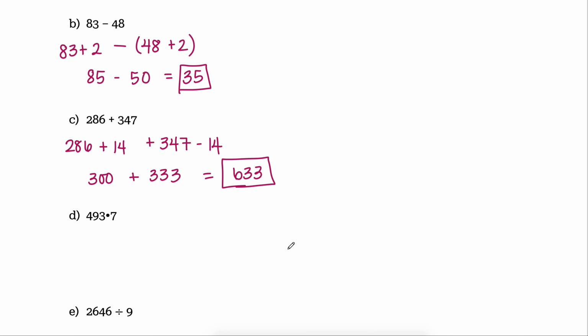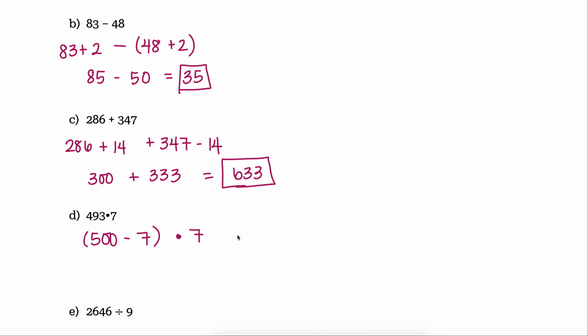Now the next 3, we're going to look at multiplication and then division. So I'm going to show you some tips and tricks for these as well. For the first one here, we have 493 times 7. So in this case, I'm going to use a strategy that I used in the first video. The 493, I'm going to rewrite as 500 minus 7.